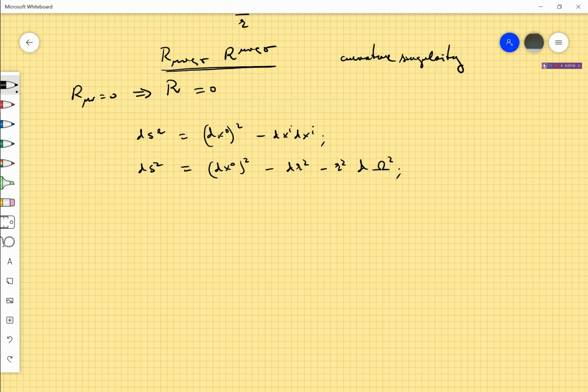But if we had started from the beginning with this form of the metric, we could have concluded that there is a singularity, and then the only way to prove that the metric is indeed regular would be to find the change of coordinates to Cartesian coordinates, because then you prove that the metric is indeed regular.